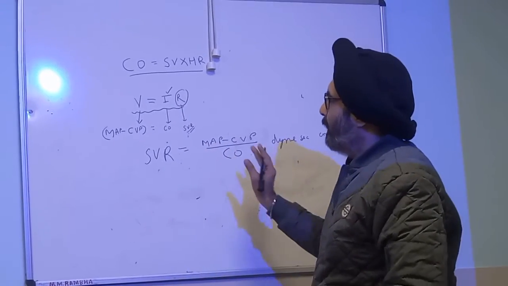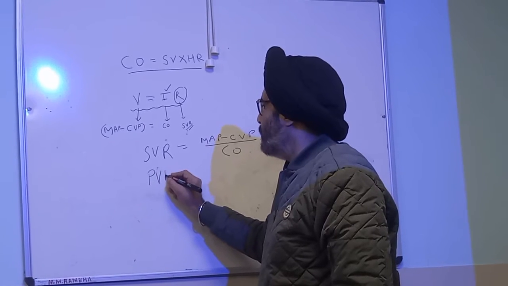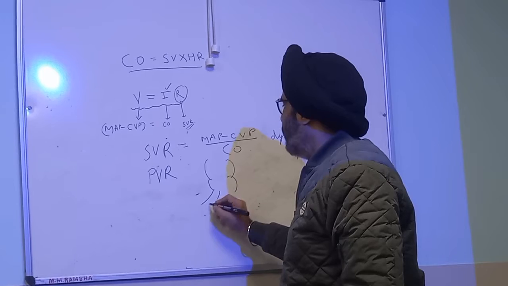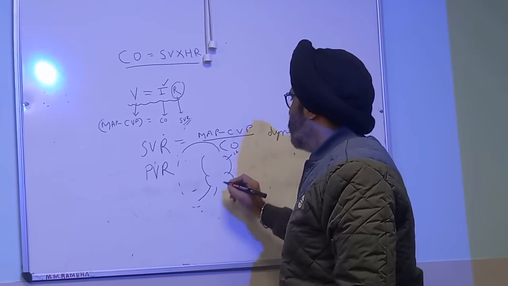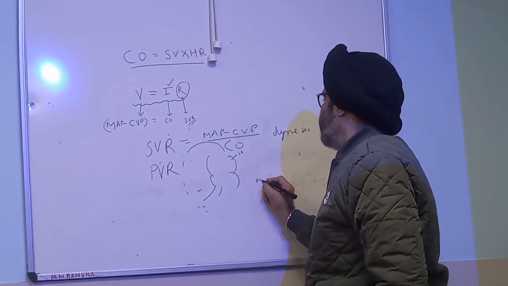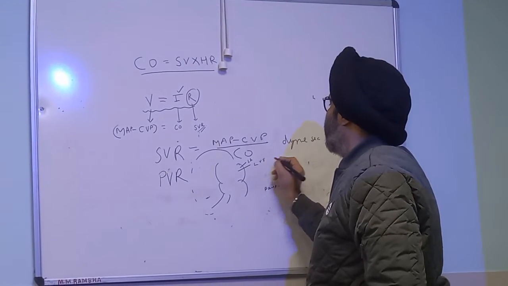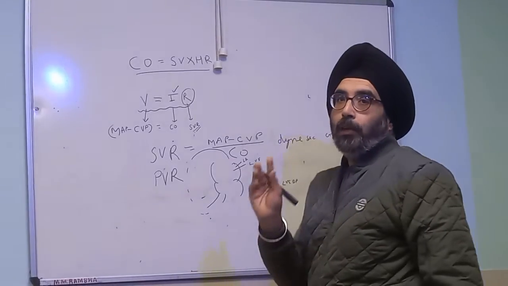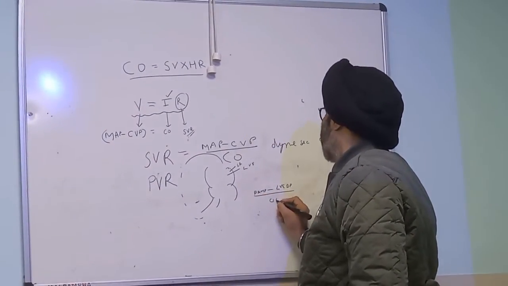And similarly, we can calculate it for PVR. What is pulmonary vascular resistance? Similar thing. We have the heart, and the pulmonary artery going back to the left atrium. So, we take the PA mean pressure minus the LVEDP, that is the pulmonary artery occlusion pressure, divided by the cardiac output.